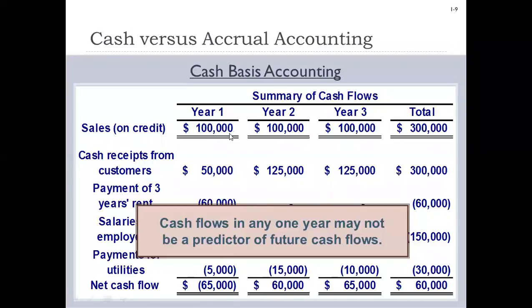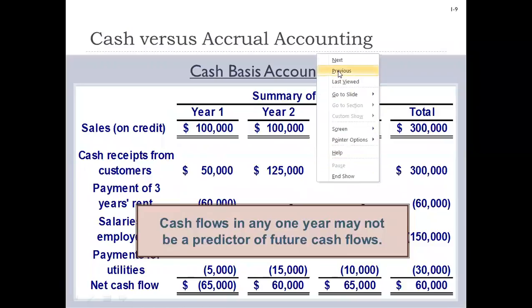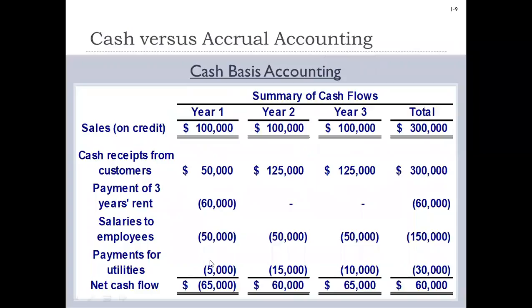Okay, so cash basis, again, you keep track of your revenues when you get the cash. So this 50,000, 125, 125 is the revenue that they record. Again, related to when they get the cash in. The expenses are recorded as cash is paid out.